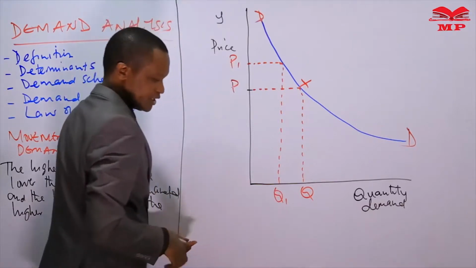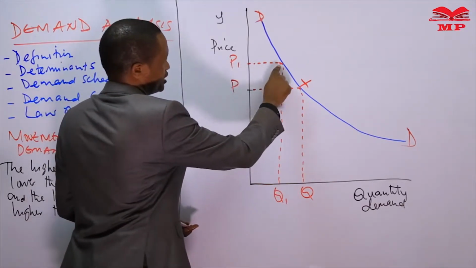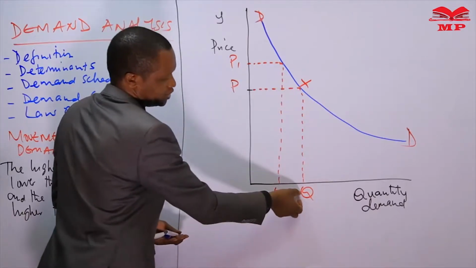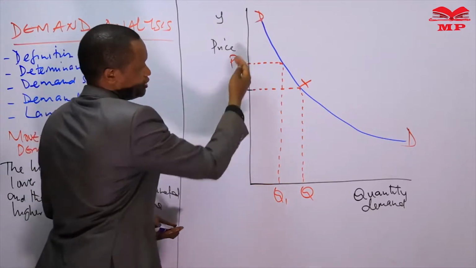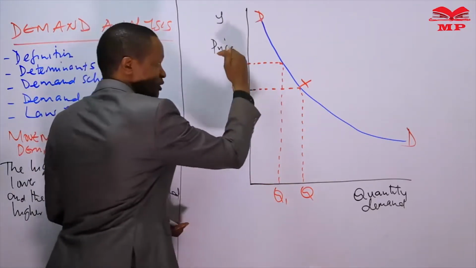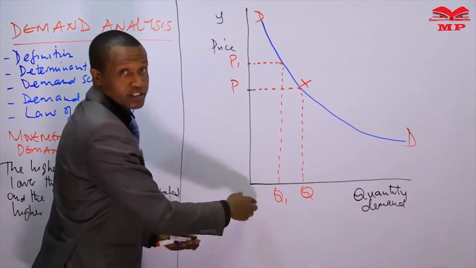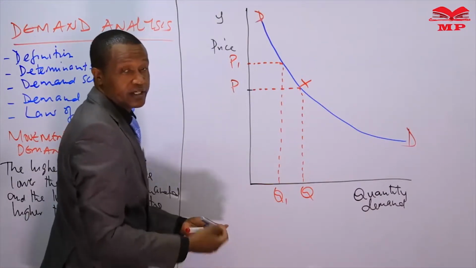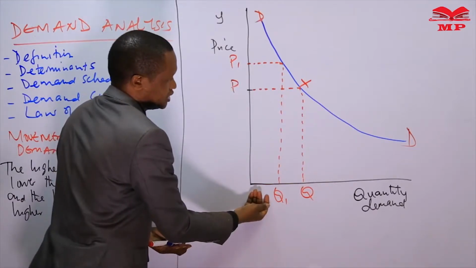When you increase the price of a product, then the quantity demanded will decrease. That is the effect of the increase in price. That is the law of demand. The higher the price, the lower the quantity that is demanded.